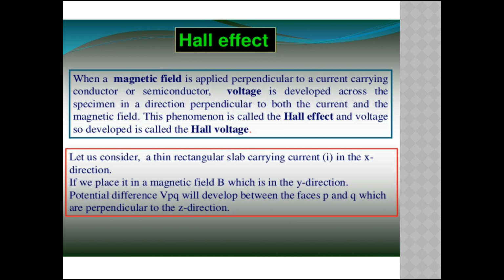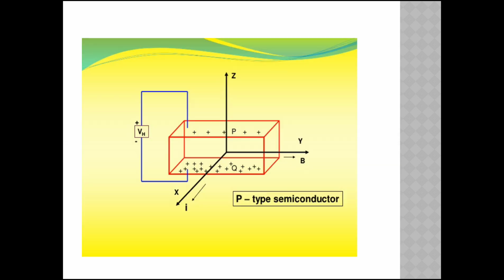Let us consider a thin rectangular slab carrying current I in the x direction. If we place it in a magnetic field B in the y direction, the potential difference VPQ will develop between faces P and Q, which are perpendicular to the z direction. We can see this in a diagram.